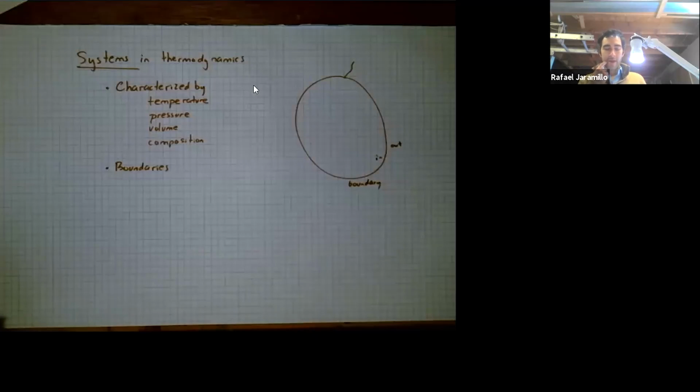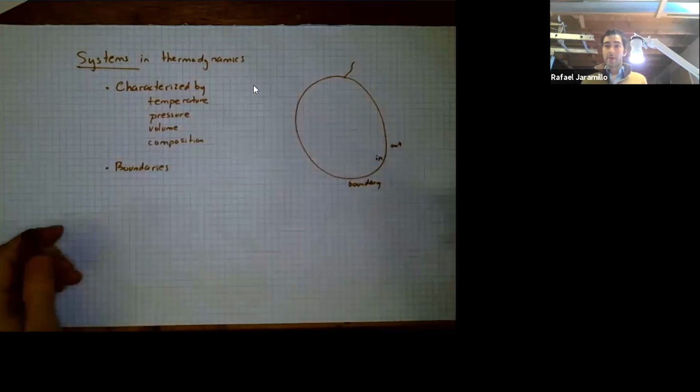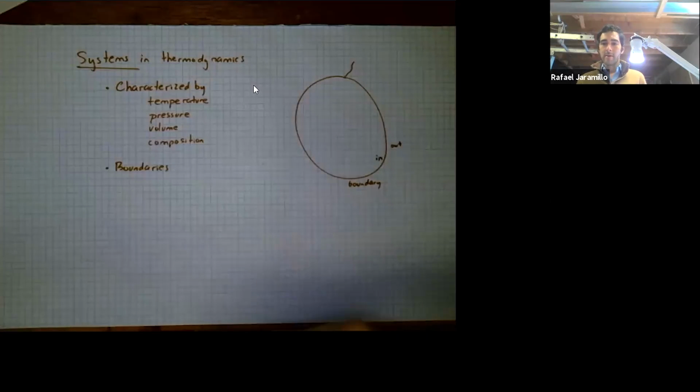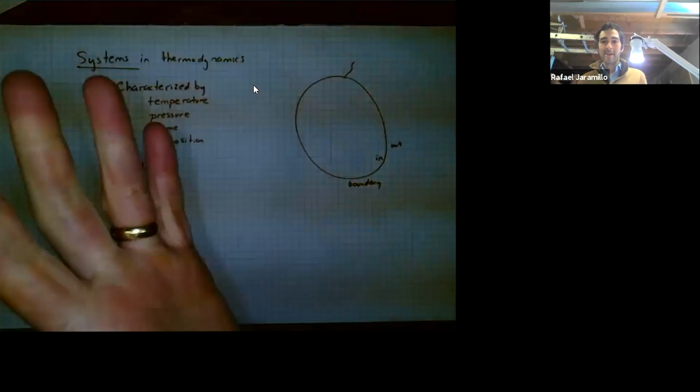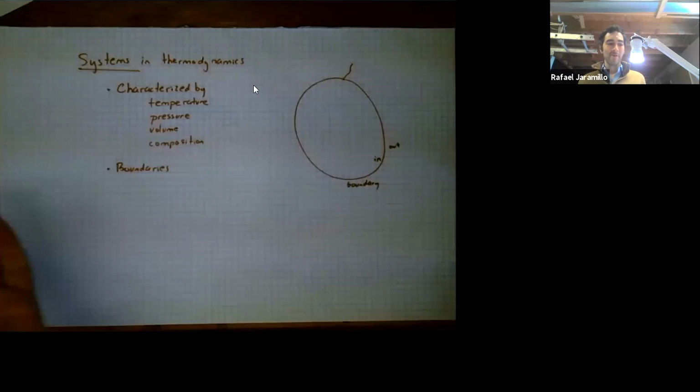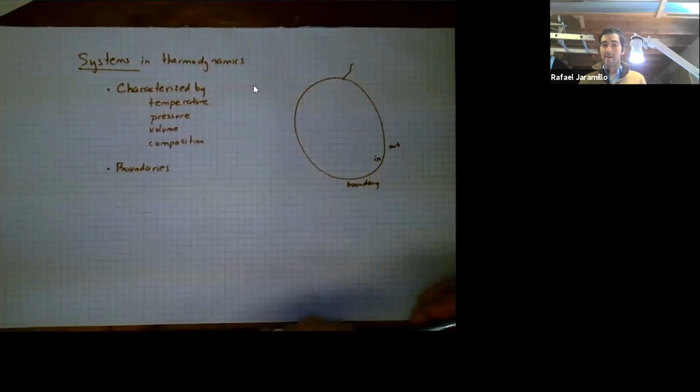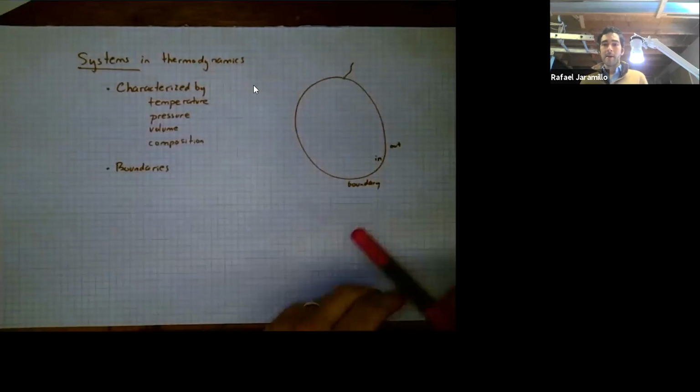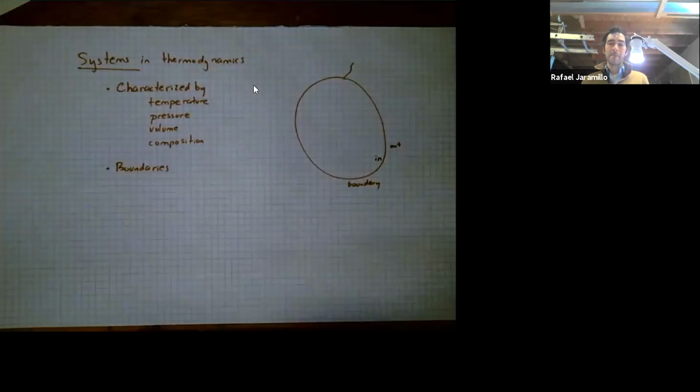What should we take as the boundary of our system? It's kind of painfully obvious, right? You take the plastic, the actual balloon, you choose that as your boundary. That makes sense. It's kind of obvious, but it's good to start from an obvious example.